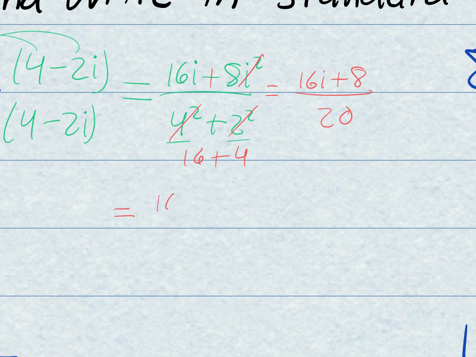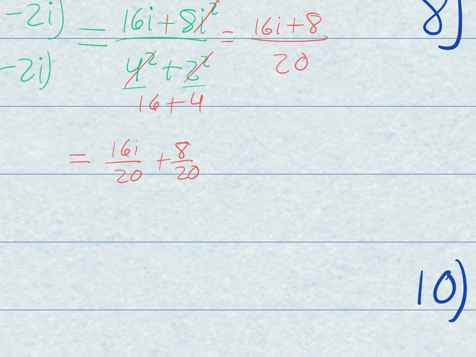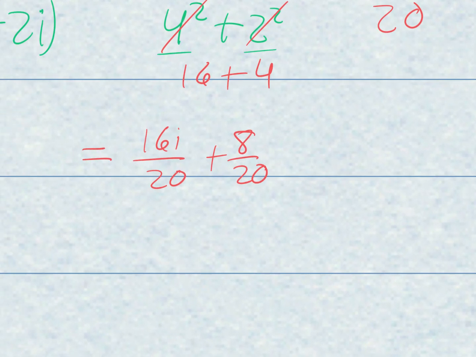All right, so now let's simplify this. We want to do 16i over 20 plus 8 over 20. And then after this, we're going to have to write our answer in standard form. Right now, the imaginary is the first term, but we want it to be the second term. It's always real plus imaginary. So to simplify 16i over 20, simplify by a common factor of 4.